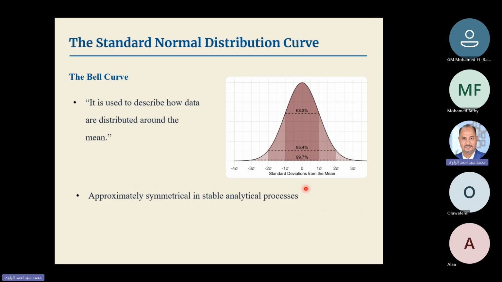We give the software our data and test if this data is normally distributed or not. We have some statistical tests like the Shapiro test or the Kolmogorov-Smirnov test. We use them to test if our data is normally distributed or not. We will discuss this more when we discuss hypothesis testing.